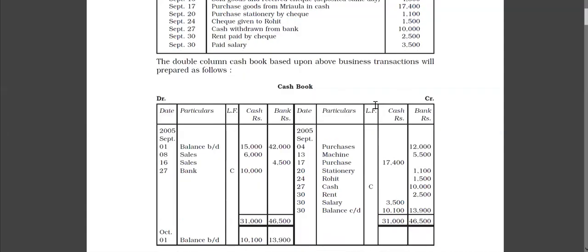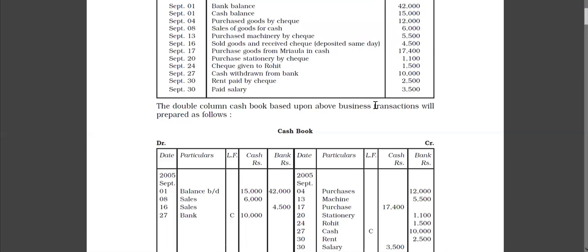See, first entry, balance brought down. The cash book balance nature is debit because this is a current asset. So on the debit side, September 1, balance brought down. Bank balance 42,000 in the bank column, cash 15,000 in the cash column.